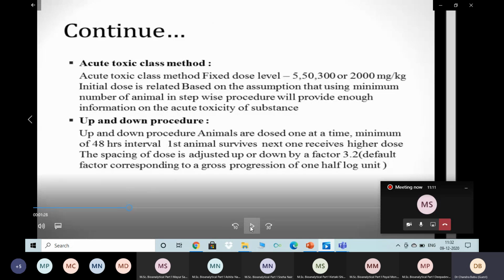In up and down procedures, animals are dosed one at a time, with a minimum of 48 hours interval. If the first animal survives, the next one receives a higher dose. The spacing of dose is adjusted up or down by a factor of 3.2. So here we are trying to find out acute toxicity at what concentration levels by giving a single sharp dose and checking for its survivability.